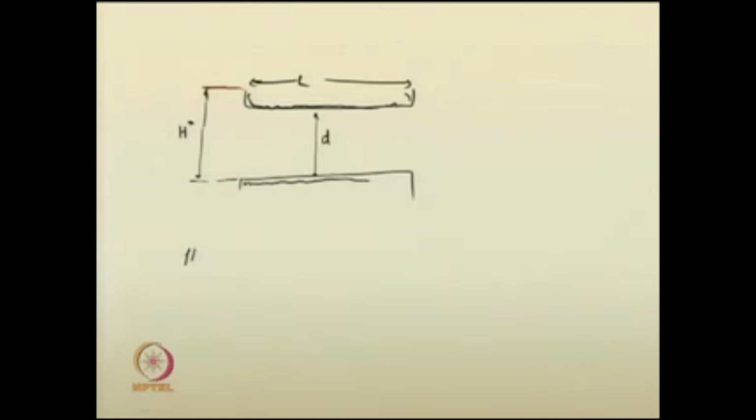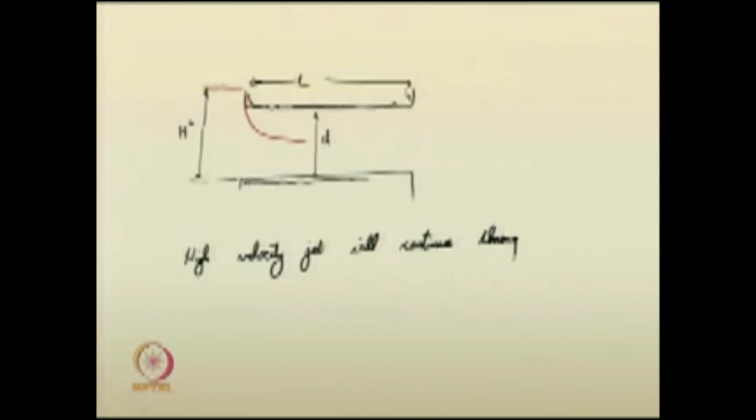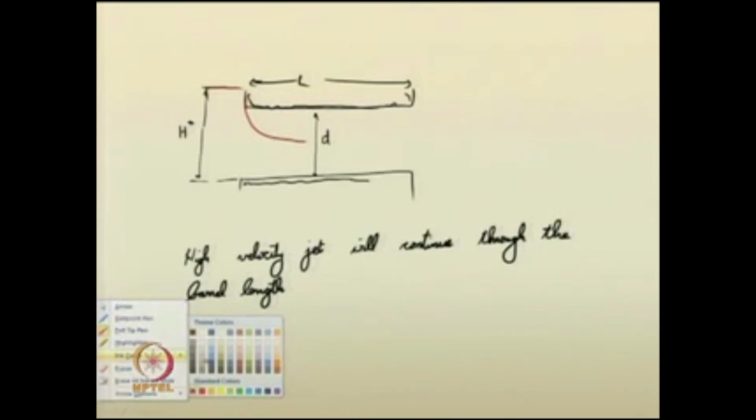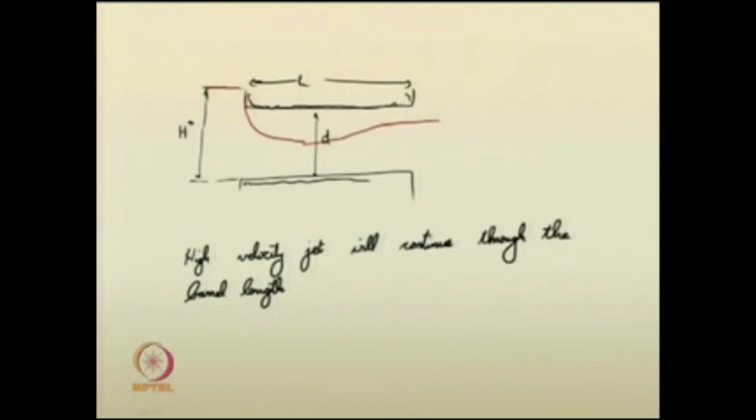Here this water portion will go like this as a high velocity jet. It will continue through the barrel length like this, and it will come out.